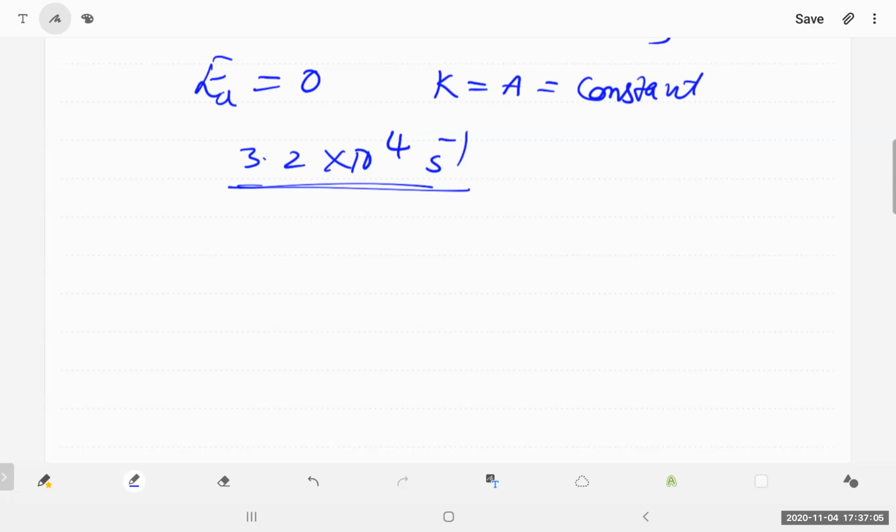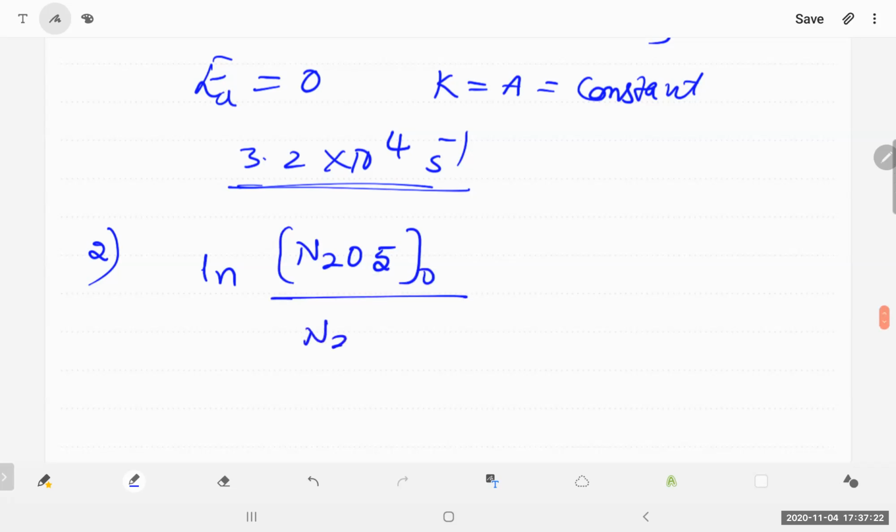Very simple one. It is a first order reaction. The second one is correct: ln of initial concentration of N2O5 by concentration of N2O5 at a given time is equal to KT.